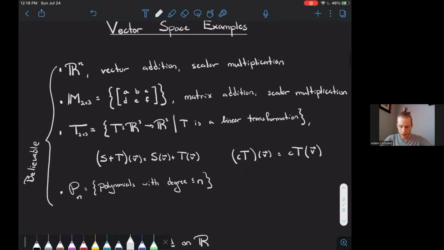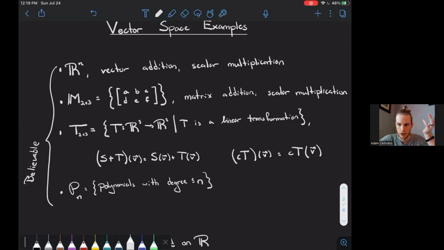Okay. The last one, you can believe that this is a vector space because it's got addition and multiplication. The last one is one that we're going to spend a lot of time on. We're going to spend a lot of time looking at n by n matrices in this chapter, and this other one, which I'm calling Pn. Pn is the set of polynomials with degree less than or equal to n. What does it mean to add two polynomials?